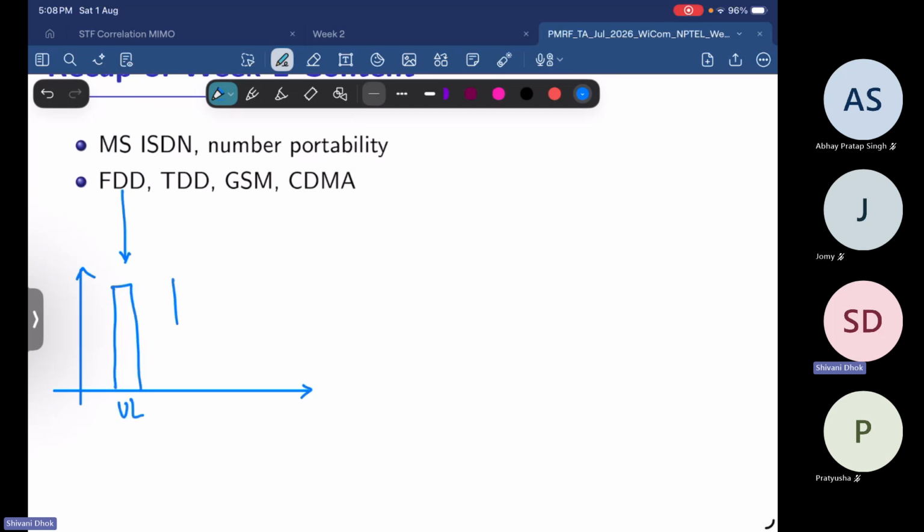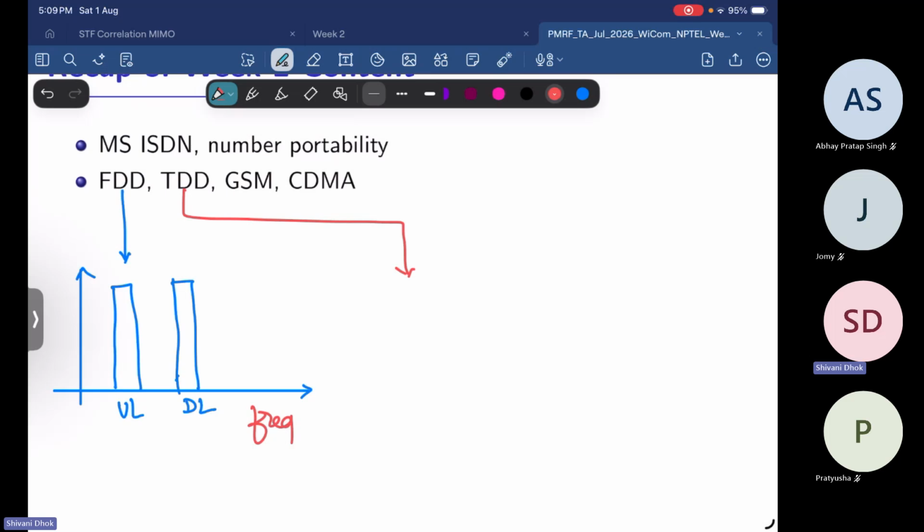So this is uplink transmission, this is downlink transmission, and this is time, frequency. And we saw how the frame structure for an FDD GSM system looks. We saw that the uplink and downlink bands are 45 megahertz apart. So we looked at the 900 megahertz band.